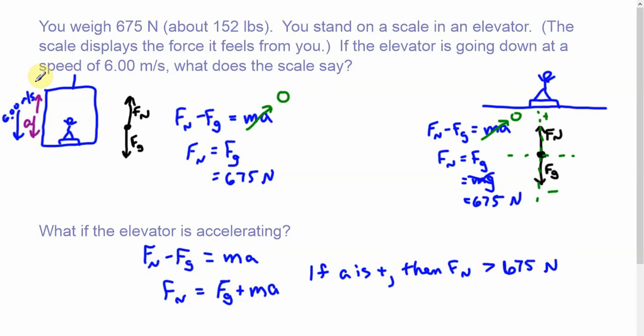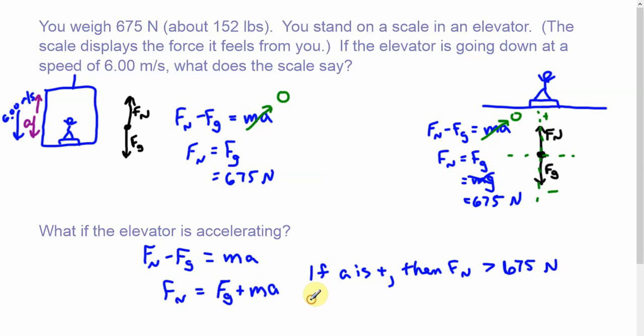So again, that's if the acceleration is going up. So either it's accelerating upward, or it's going downward but slowing down. Either of those, right? And that makes sense, because you get a little compressed. If you're going downward but you're slowing down, you've felt that in an elevator, right? You feel like you're being pushed a little bit. And so if you were standing on a scale, the scale would go up by some amount. And it would be as if you weighed more just during that acceleration.